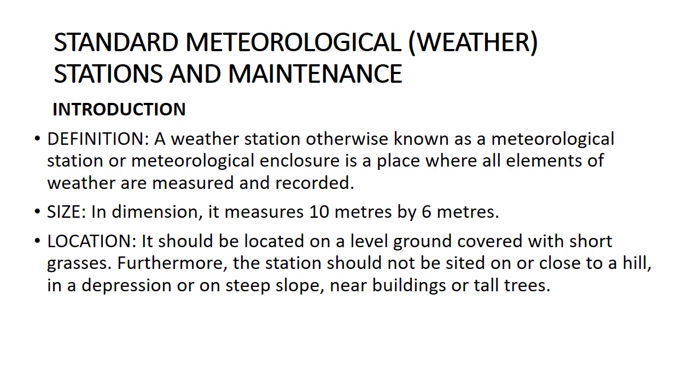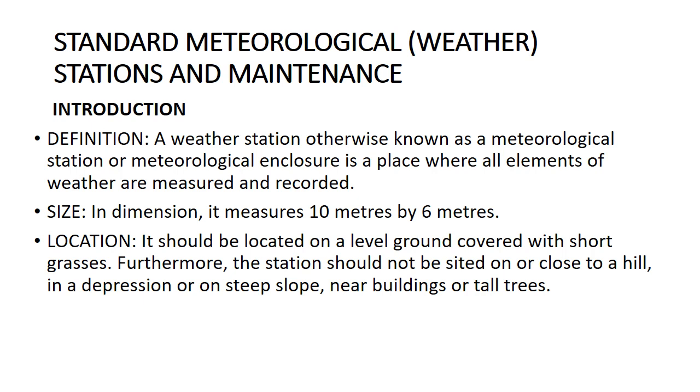So it tells you that anywhere, anytime you hear about weather station, it brings your mind to weather observation and recording. The size of a standard weather station, or what you call meteorological station, is 10 meters by 6 meters.